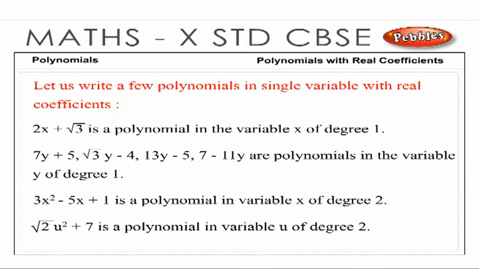Root 2u squared plus 7 is a polynomial in variable u of degree 2.